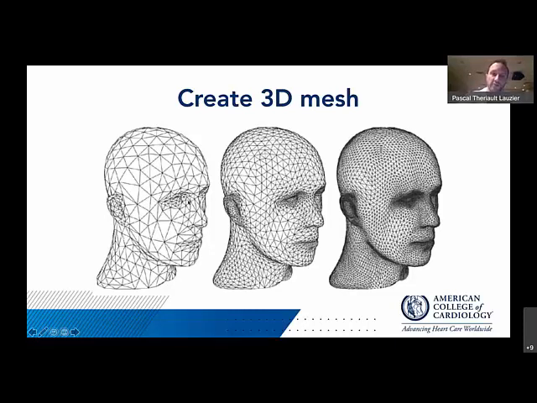So this is done using a 3D mesh, and you have to select the resolution of the mesh in such a way that you properly model the anatomy that you're interested in. So the creation of this mesh is done automatically by the software, but you do have control over how finely the mesh is developed.